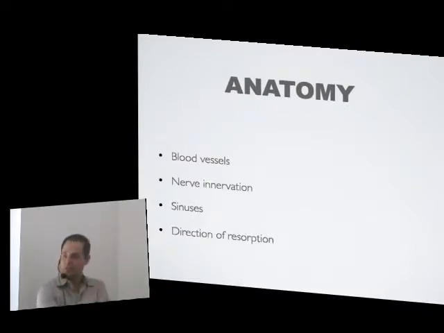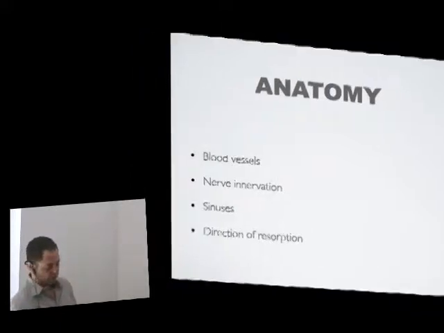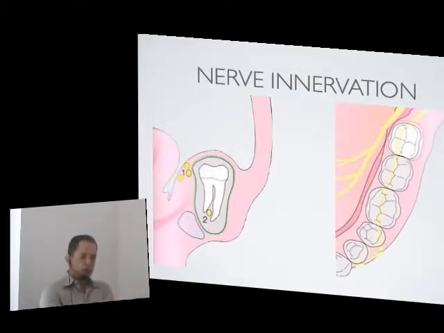Okay, a little bit of anatomy. I hope you remember. What we have to look at is blood vessels, nerve innervation, of course, sinuses, and direction of resorption. In the lower jaw, what sort of structures do we have to be careful of? The mental nerve.